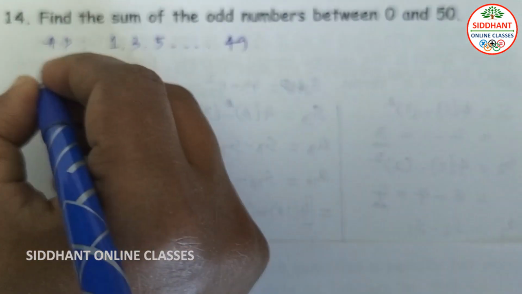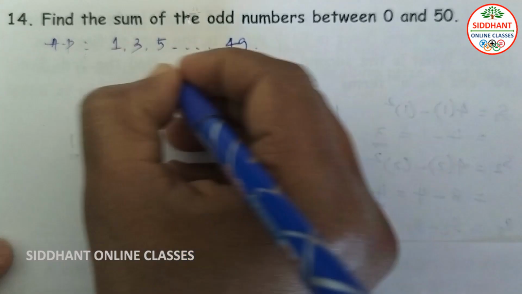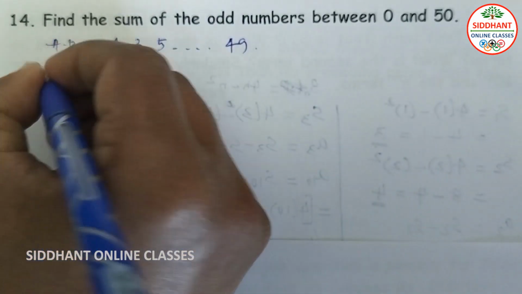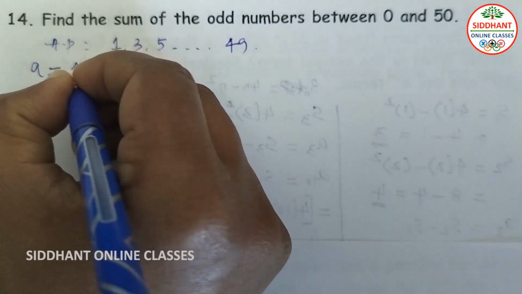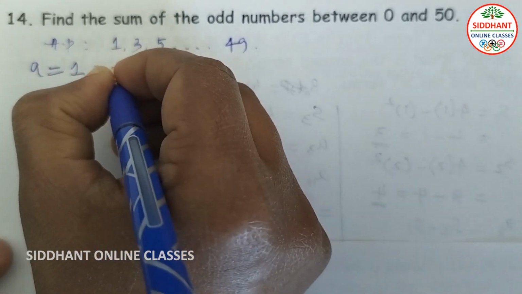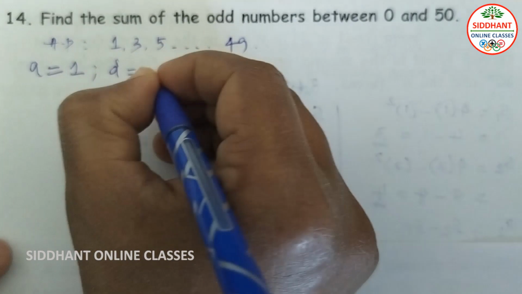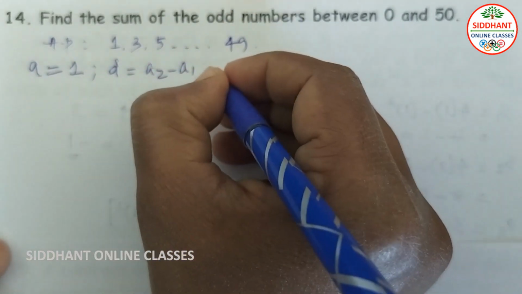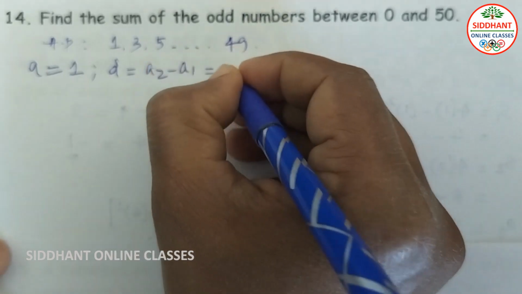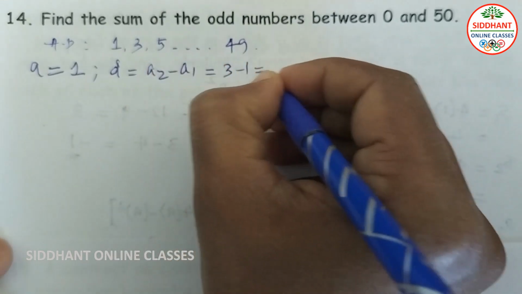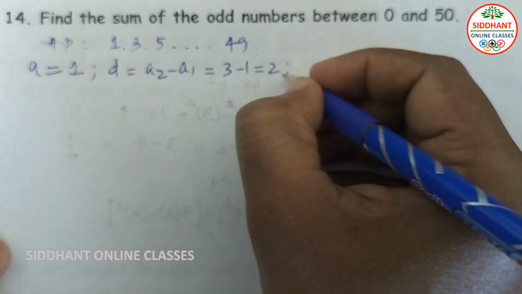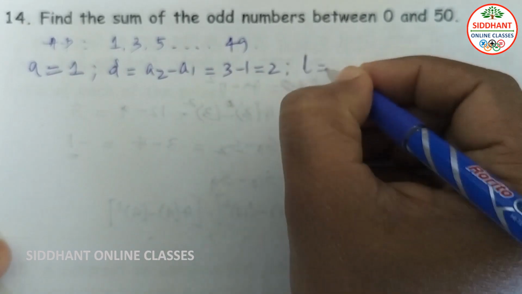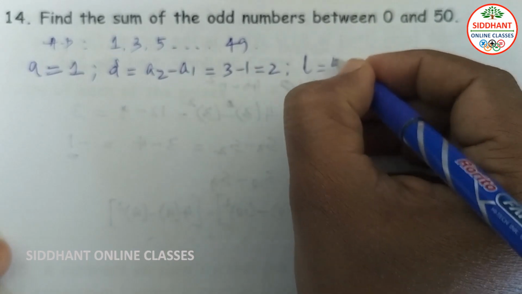So in the given question, we have a, the first number, which is 1, and d that equal to a2 minus a1, that equal to 3 minus 1, that equal to 2. Next we have L, the last number, that is 49.